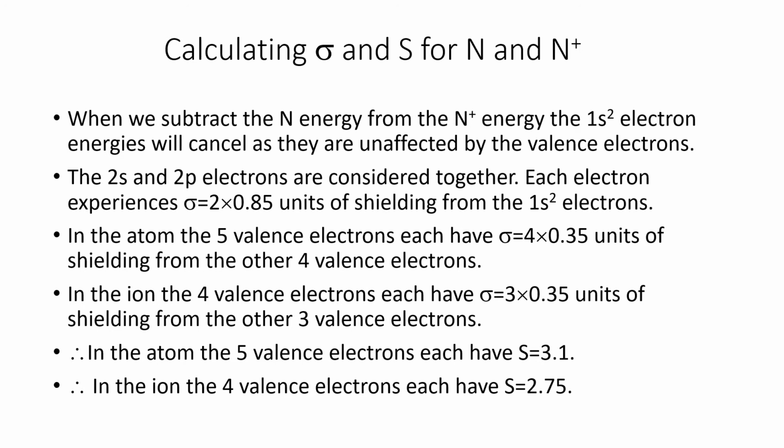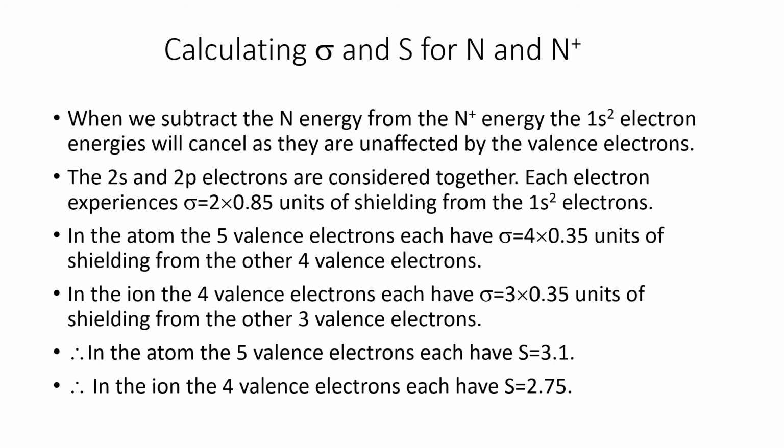And so using our Slater's rules about s and p electrons being shielded by the shell underneath, each electron contributes sigma 0.85. And so they've got 2 electrons doing that shielding in 1s2. So we multiply 0.85 by 2, and that gives the amount of shielding from the 1s2 electrons.